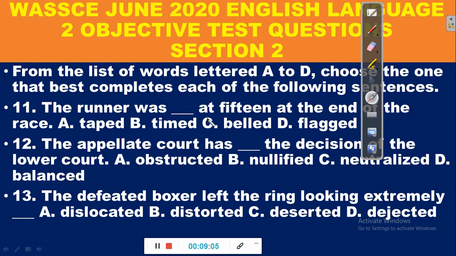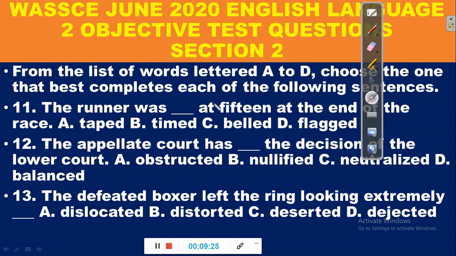The runner was dashed at 15. All right, the runner was dashed at 15 seconds at the end of the race.